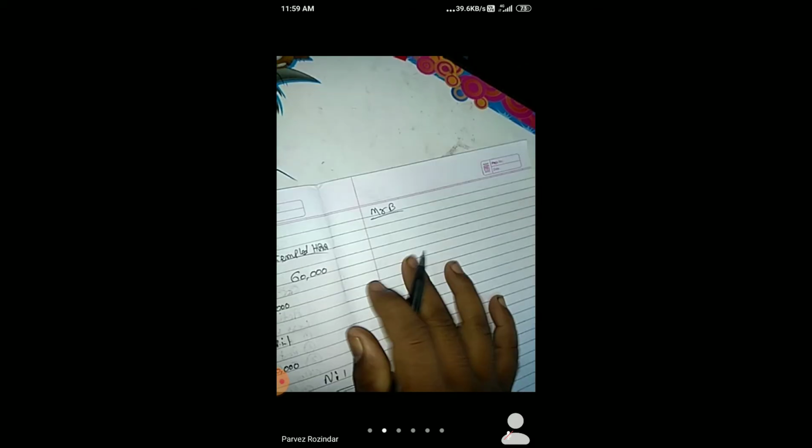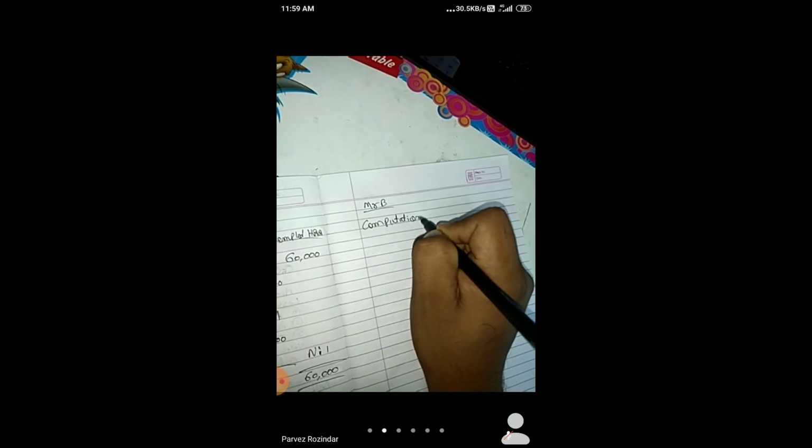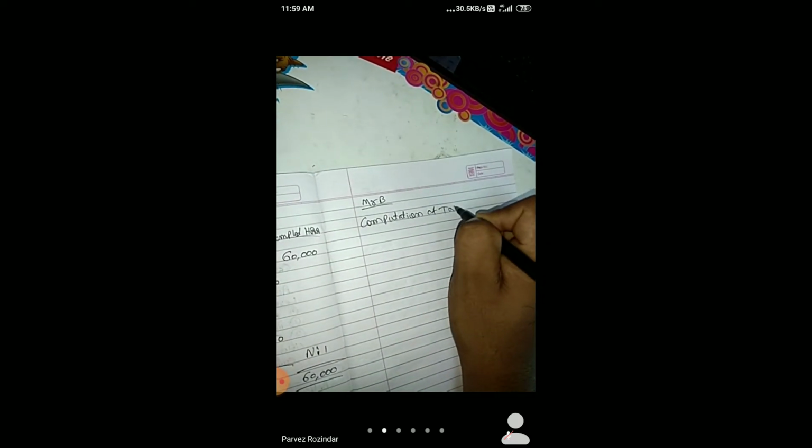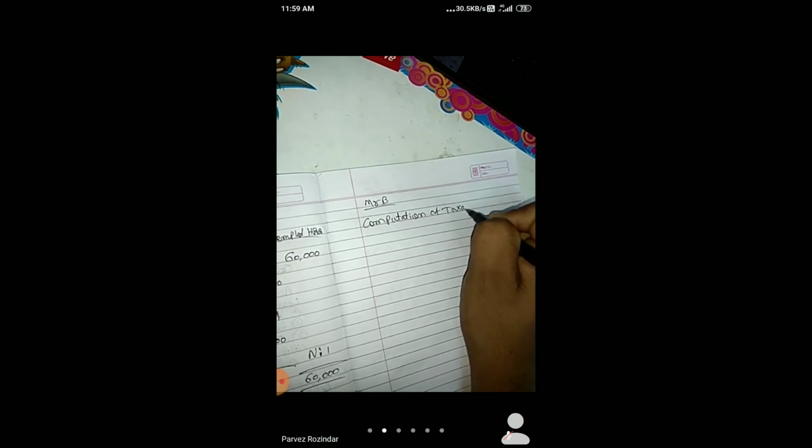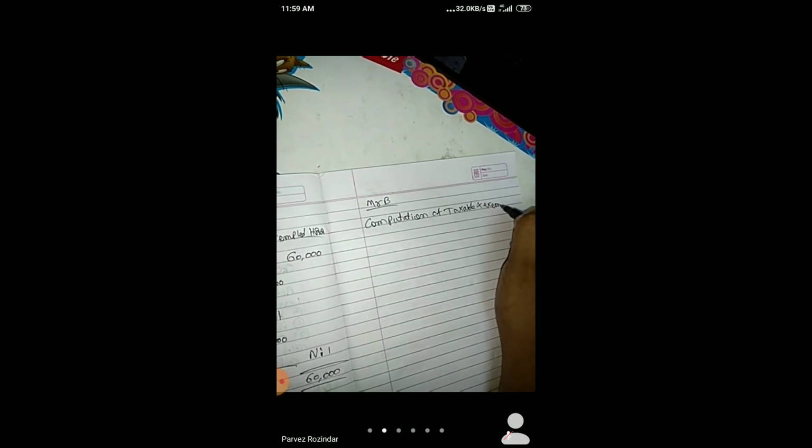Similarly, let us go to Mr. B now. So we will write computation of taxable and exempted HRA.